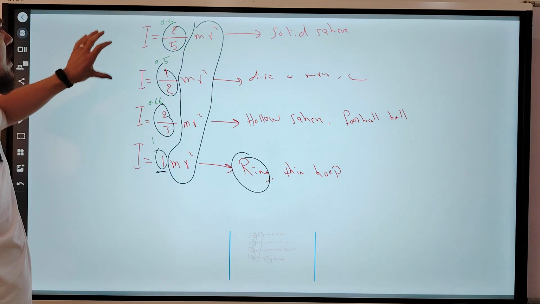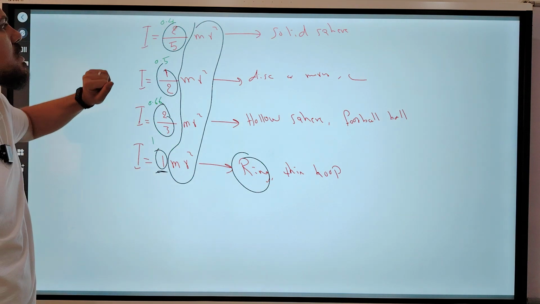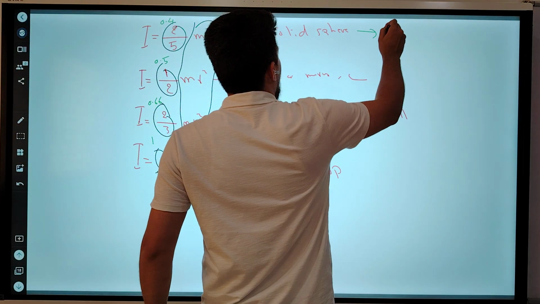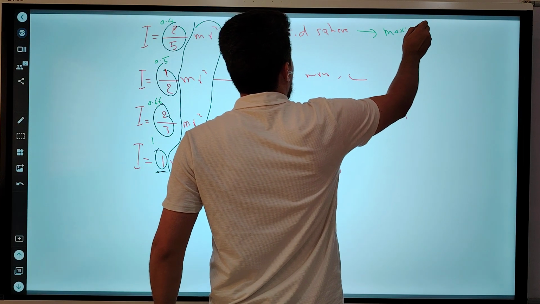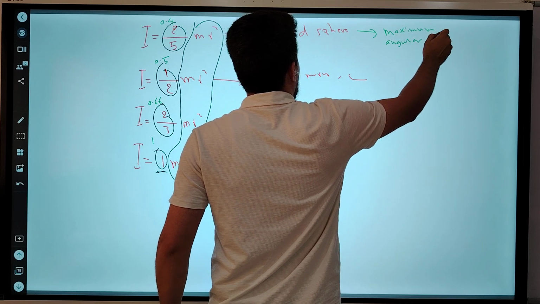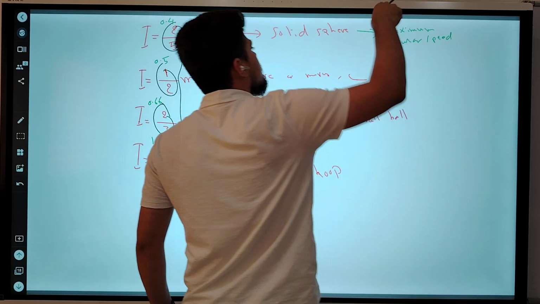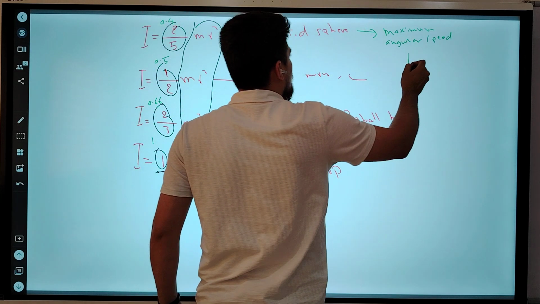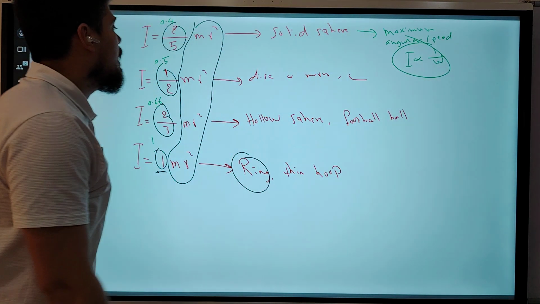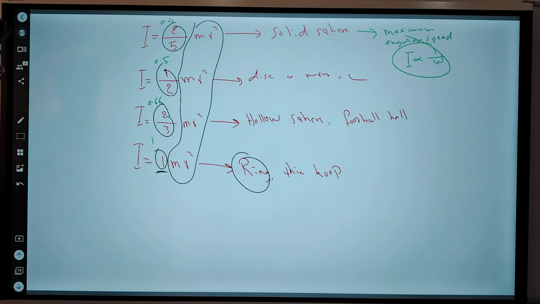Okay, which one has the lowest value of moment of inertia? The solid sphere. So that is why the solid sphere came first. It has maximum angular speed because it has the lowest value of moment of inertia, because moment of inertia is inversely proportional to the angular speed.